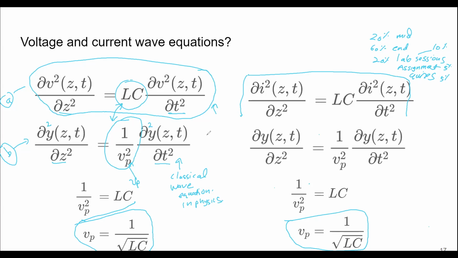In that case, we can simplify the equations from Kirchhoff's voltage law and current law into a form, and we can show that the voltage follows a wave behavior in the transmission line. We can derive the wave velocity with respect to the inductor and capacitor values of the circuit.